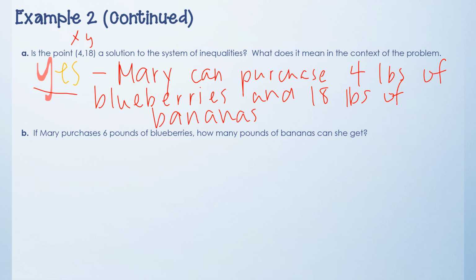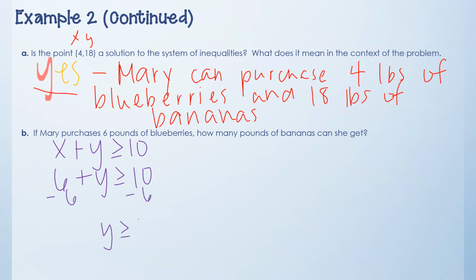I can also substitute 6 into both of my inequalities. So one of my inequalities was x plus y needs to be greater than or equal to 10, and the blueberries was x. So 6 plus y is greater than or equal to 10, so that would mean that y needs to be greater than or equal to 4.